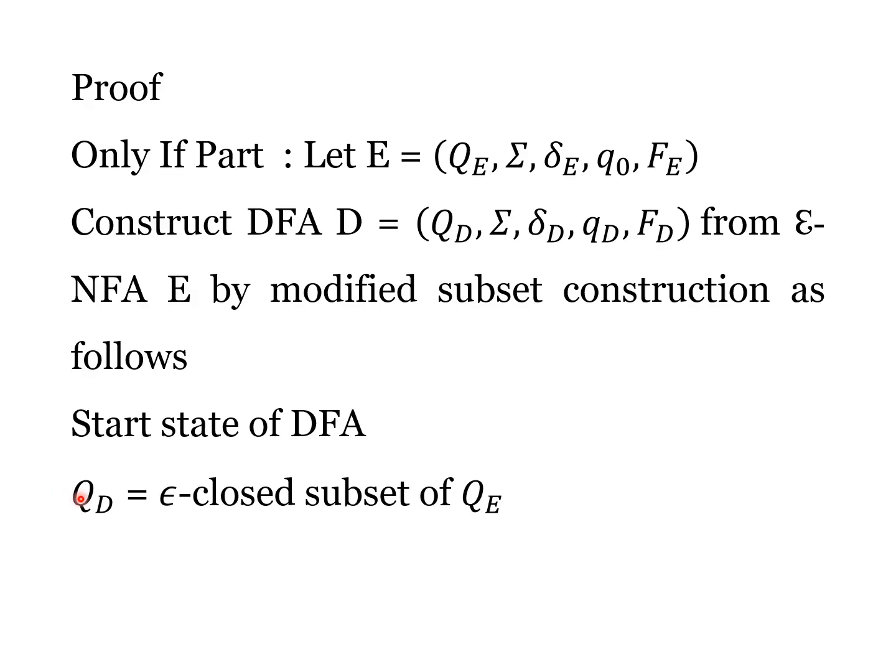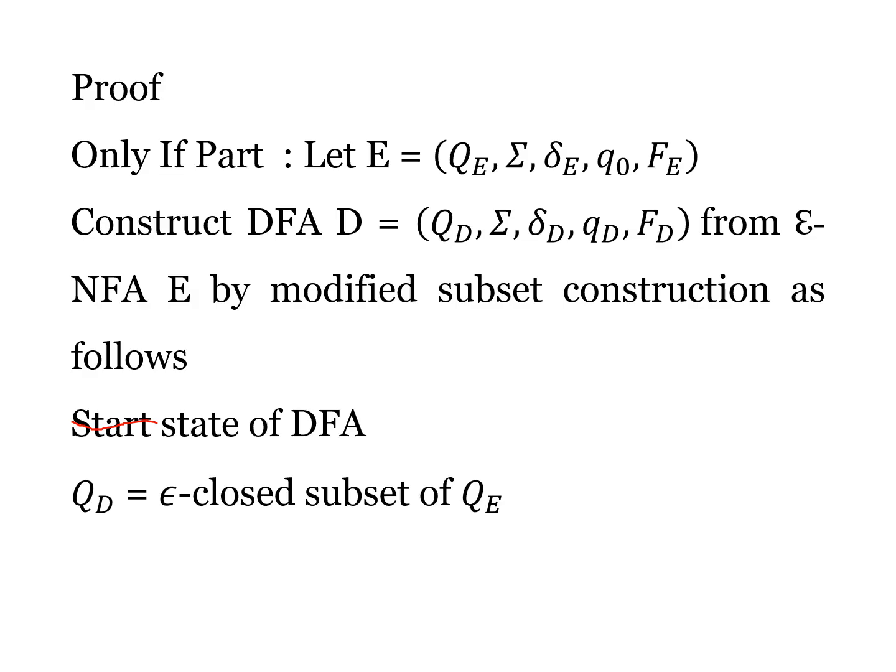Starting with the states, it is actually the state of DFA. So how are we going to get the states of DFA? The states of DFA are the epsilon closed subsets of the states of your epsilon NFA.